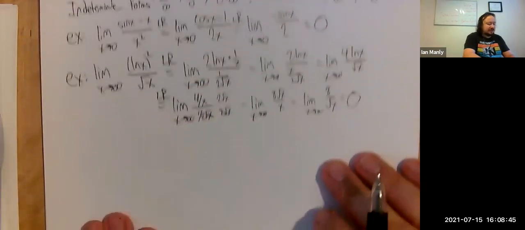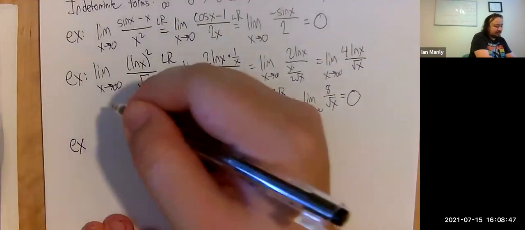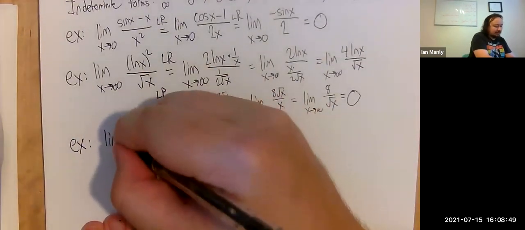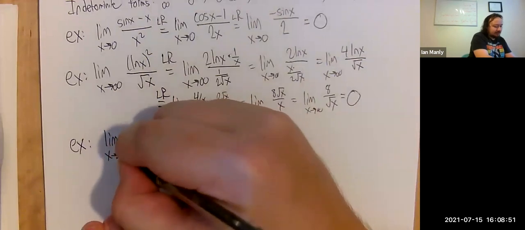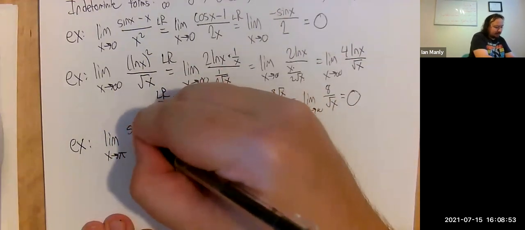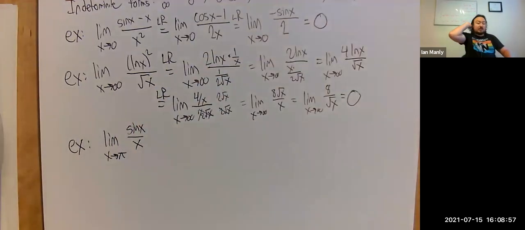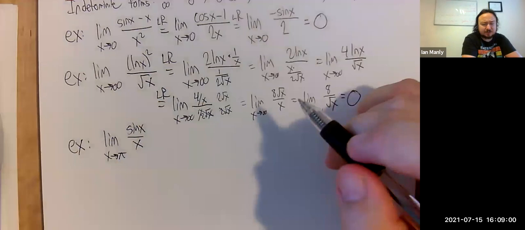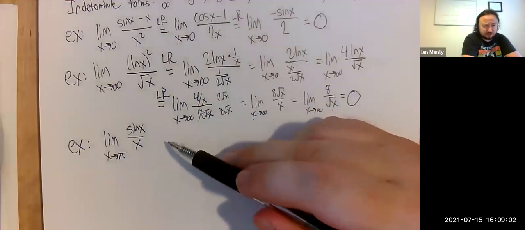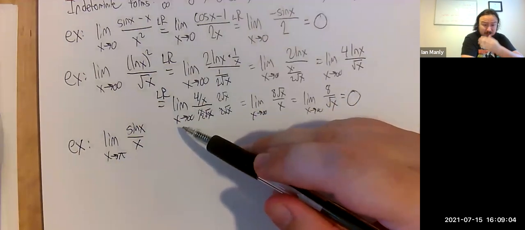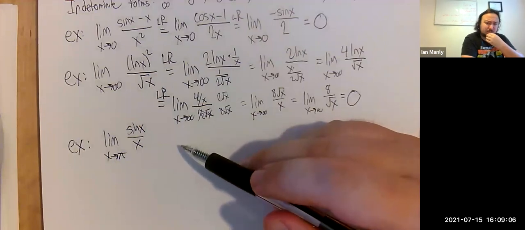All right, let's move on to another example. Let's take a look at the limit as x goes to pi of sine of x over x. All right, so your first guess might be to go ahead and use L'Hopital's rule, and then we'll be looking at the limit of cosine of x over 1.